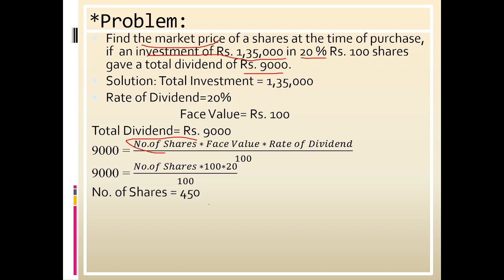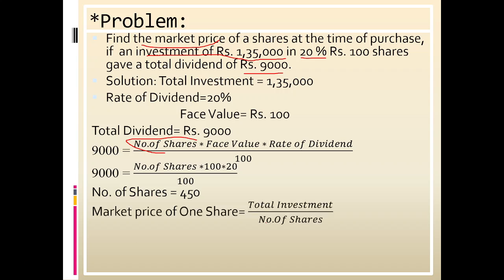After calculating the number of shares, if we divide total investment by the number of shares, we will get the purchase price of one share. So the market price of one share is nothing but total investment upon number of shares, and this is equal to 300.